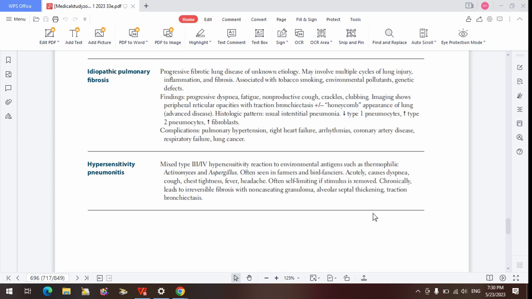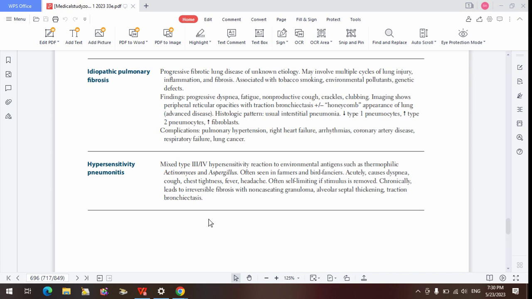Because they can cause irreversible fibrosis, it can bring about the traction bronchiectasis that we have talked about. Anything that causes fibrosis will bring about bronchiectasis. So my point about hypersensitivity pneumonitis is that the trigger for the inflammatory response is antigens such as the thermophilic actinomyces and aspergillus that I can see in farmers handling bird droppings.